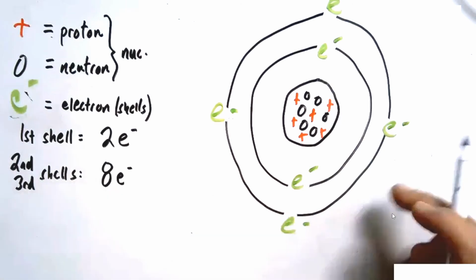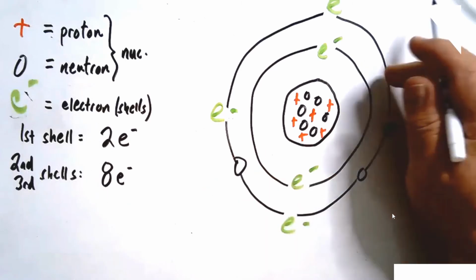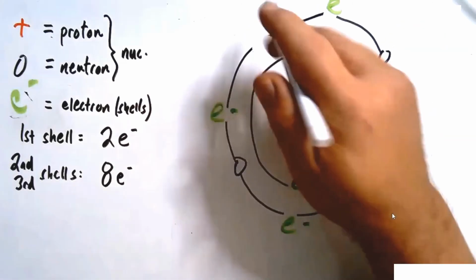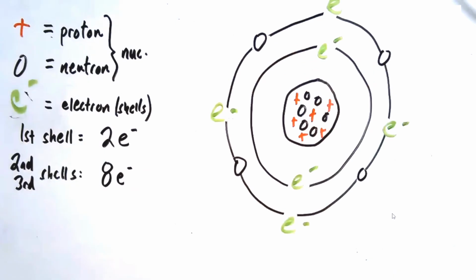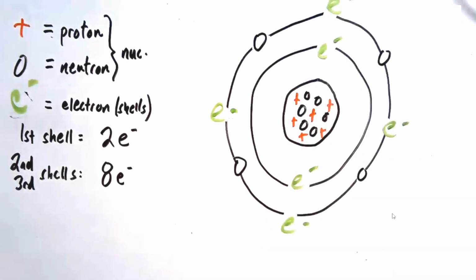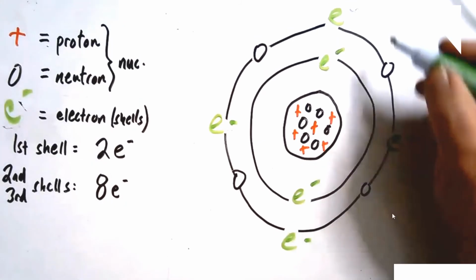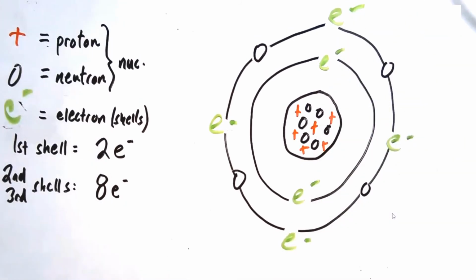And since there's room for 8, that means I'm going to have 4 unfilled spaces on the outer shells. Again, I encourage you to copy that diagram down, and then I would encourage you to use your periodic table and figure out which element this is. And I'm going to leave this illustration up for perhaps 30 or 40 seconds. And then I'm going to erase it.